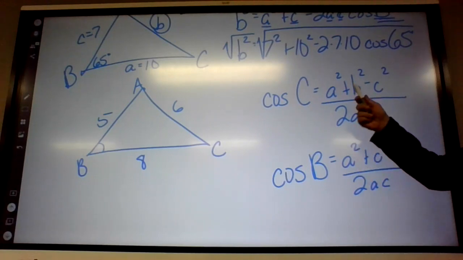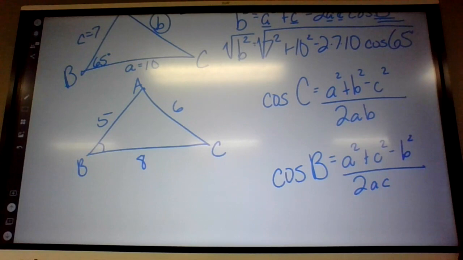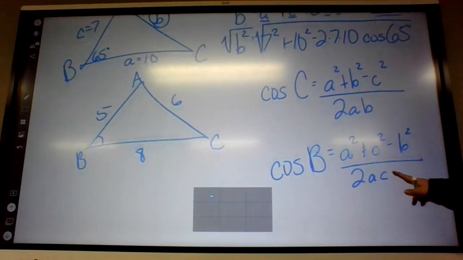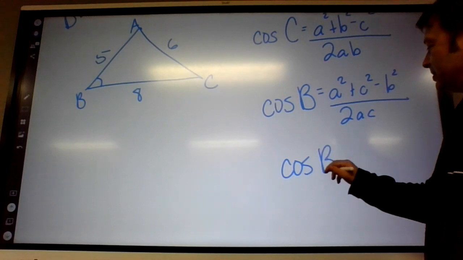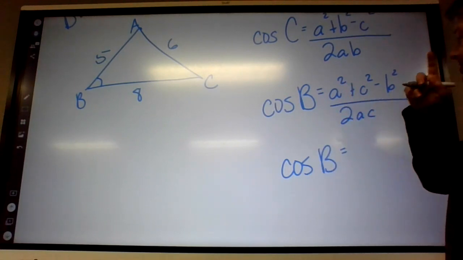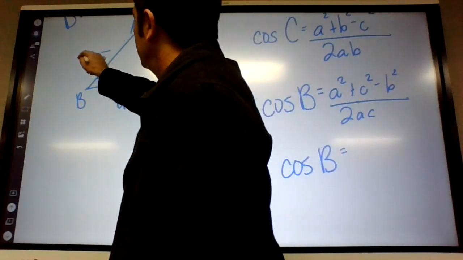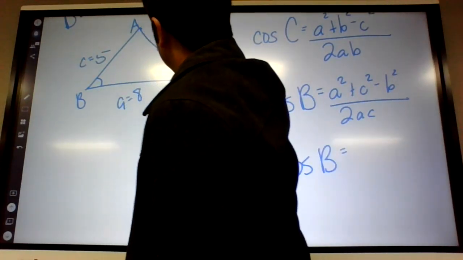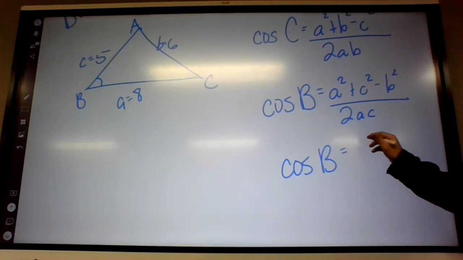So pretty much the same thing, just the B's and C's switch spots. Okay, so here's the thing. If I plugged in a squared plus c squared minus b squared, so that would be 8 squared plus 5 squared minus 6 squared.